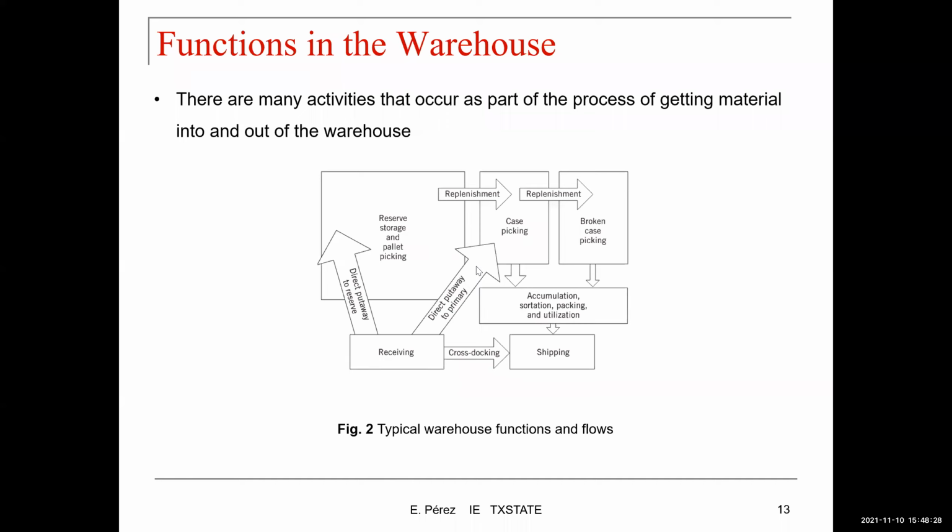We have the receiving. This can go directly to cross-docking and shipment, or this receiving area can put away some of the stuff or most of the stuff into our warehouse facility in order to wait for the time in which we need to supply our customers.